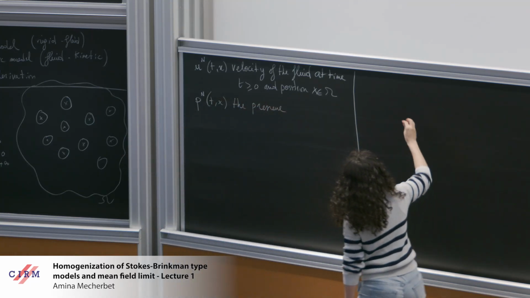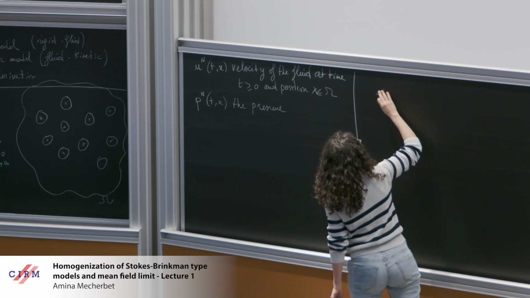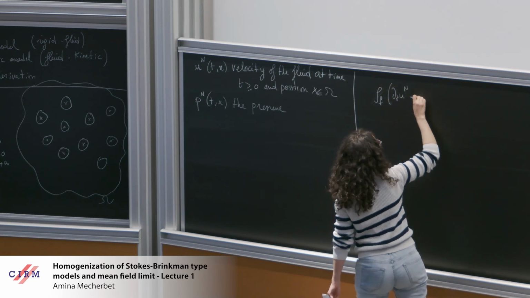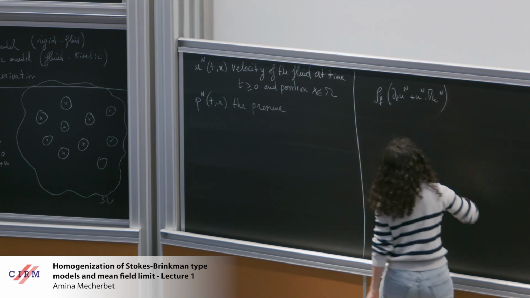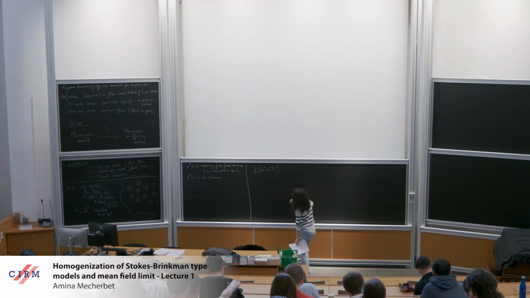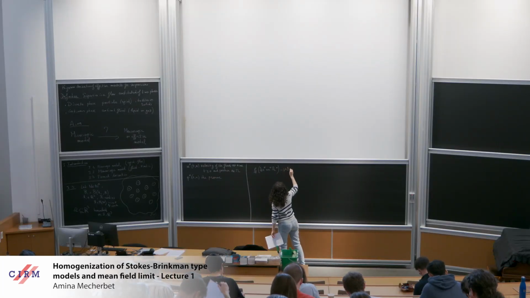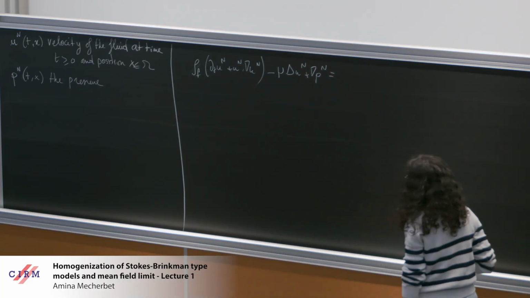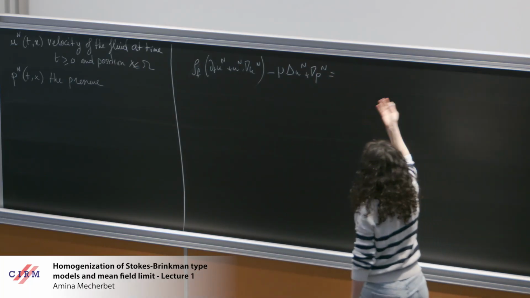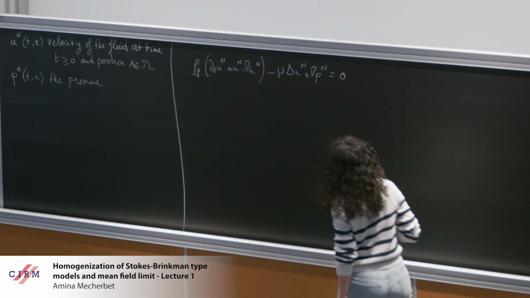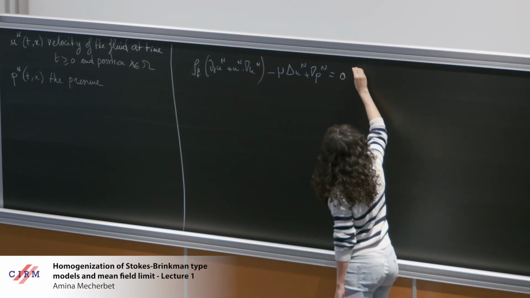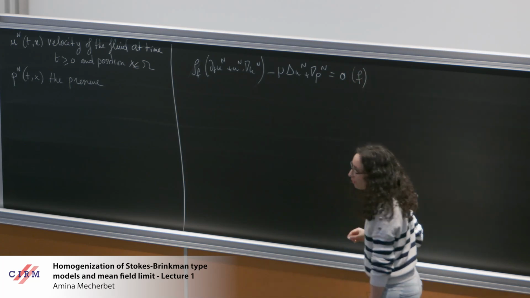So the equation is the following one: dt un plus the non-linear term minus mu Laplacian un plus the gradient of the pressure equals 0. I will write 0, but in general you can add some external force.